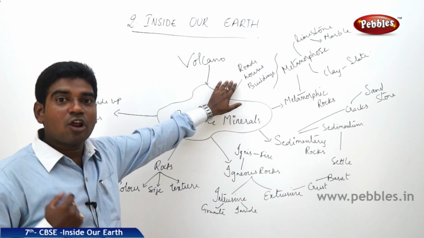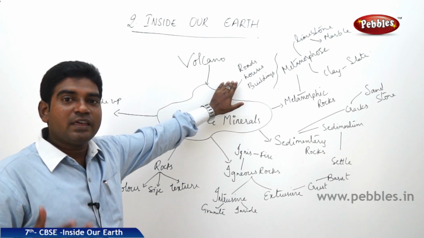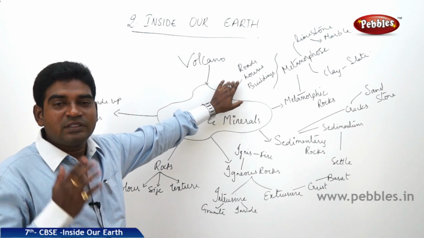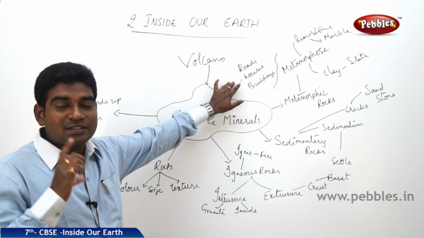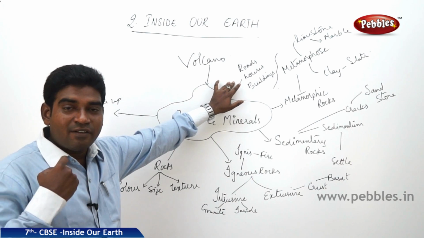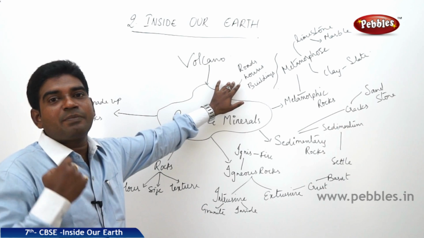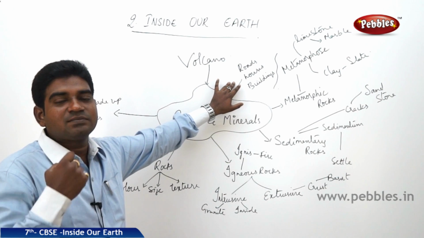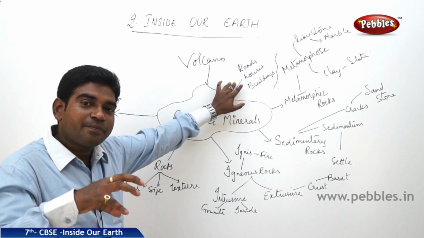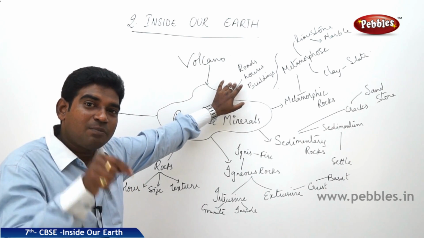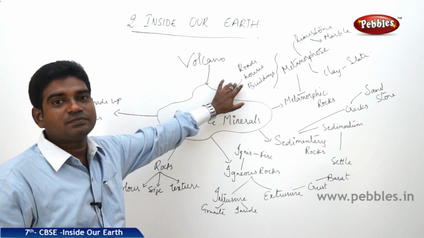We need to build our houses. Earlier he used to stay in the caves, in the huts. Now he is staying in villas. So the constructions have to be done. We have a designer, we have a town planning department, we have engineers. All these people do designs for the construction of houses, but the construction has to be done with the help of rocks.